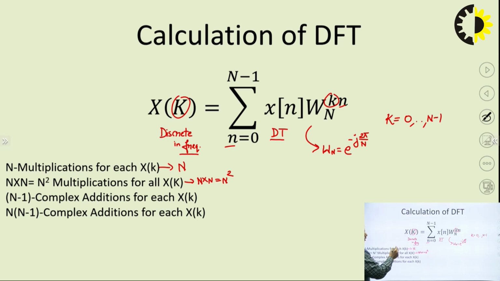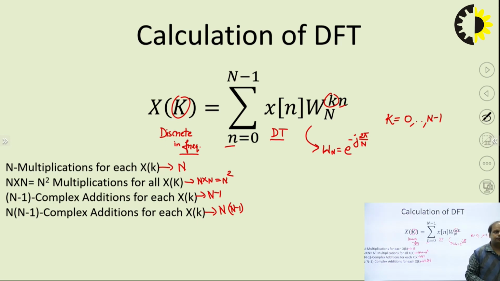Similarly, if the summation goes from 0 to n minus 1, there are a total of n entities which need to be added. So, n minus 1 additions are required for each k, and n minus 1 multiplied by n will be the total number of complex additions. So, this much computation is required while evaluating discrete Fourier transforms.